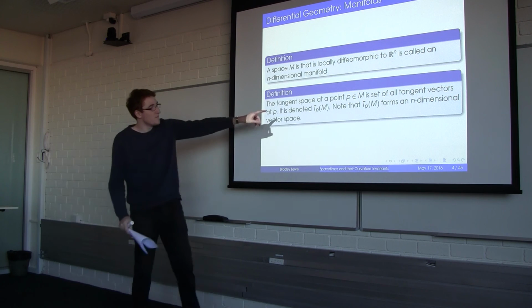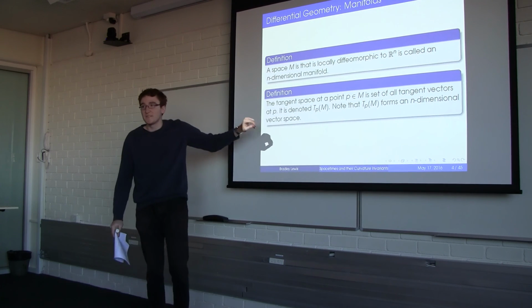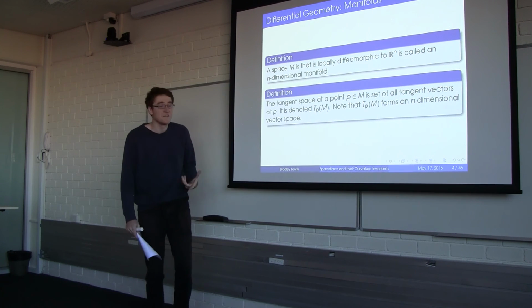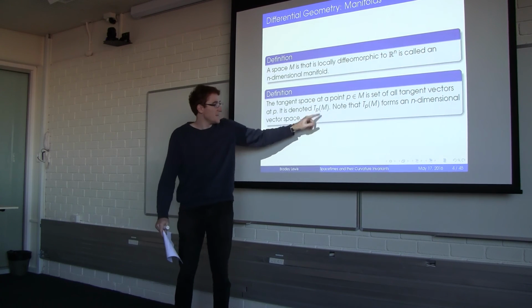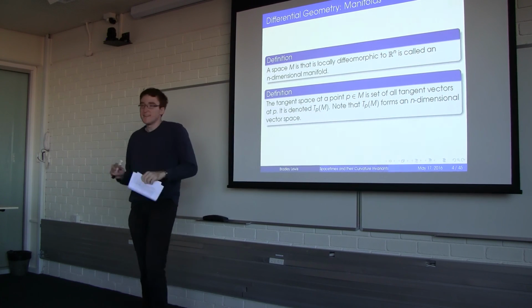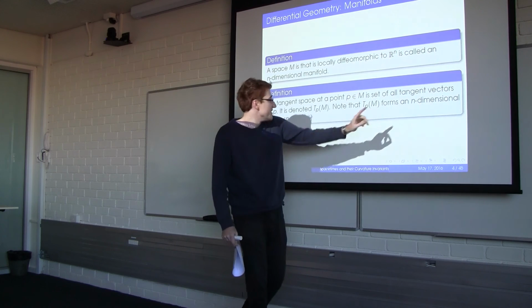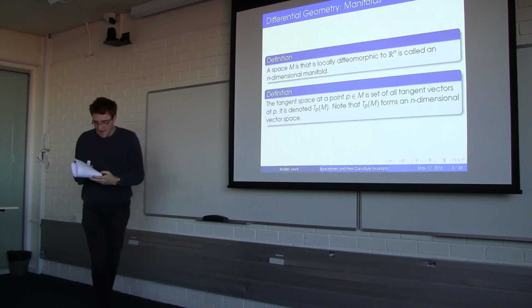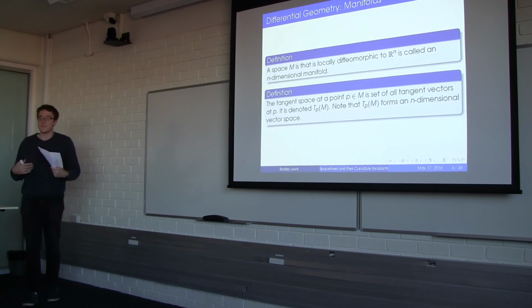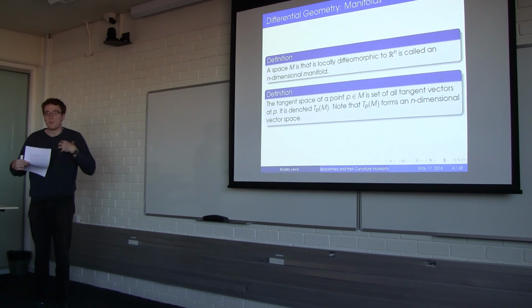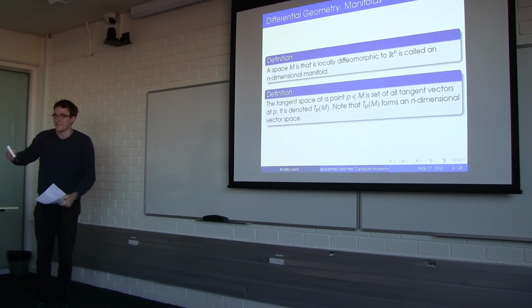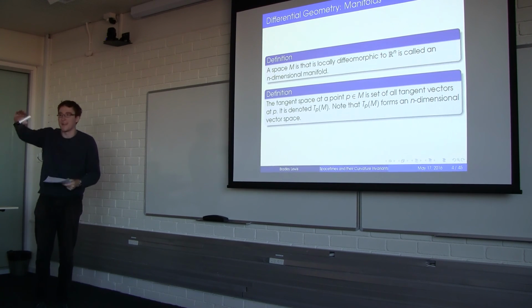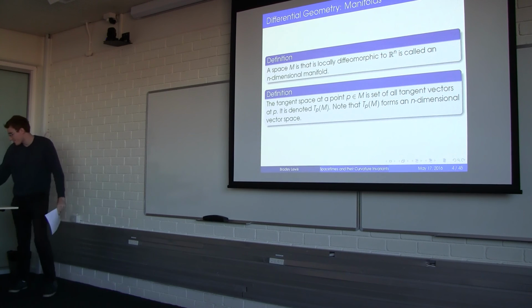At each point P of M, we have what's called the tangent space, which is the collection of all the tangent vectors at that point P. This is denoted T_pM. What's important is that T_pM forms an n-dimensional vector space. Just think about this as a plane to a surface: when you have a surface, the tangent space is just the plane that's tangent to the surface.